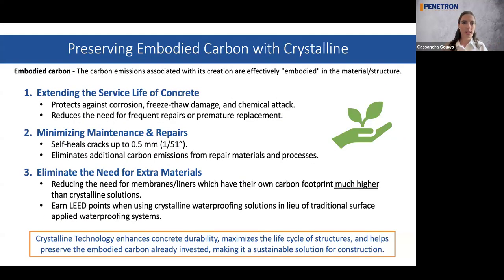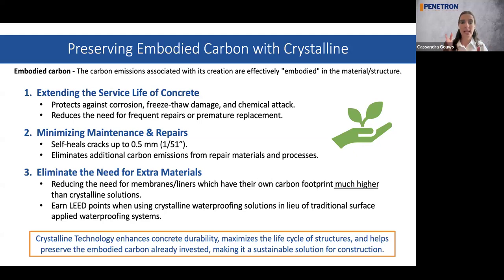By using the crystalline technology, you're also preserving your embodied carbon. For those of you not as familiar with the term, embodied carbon is the carbon emissions associated with creating or building that structure. So all the materials that we used, the carbon dioxide that was released into the structure, that is the embodied carbon.